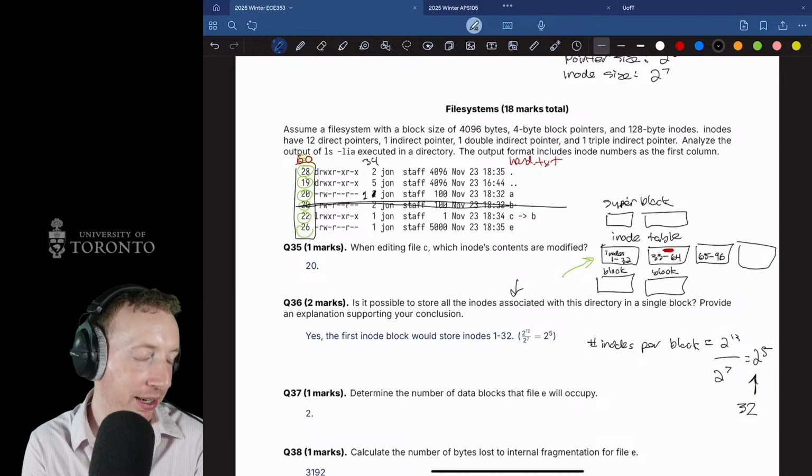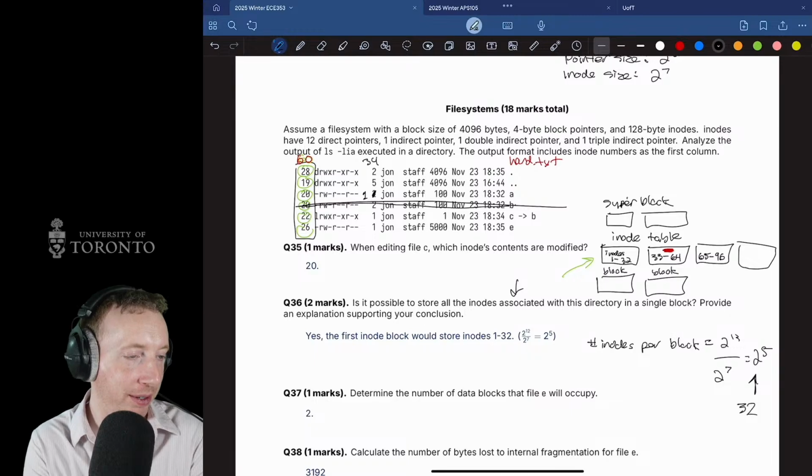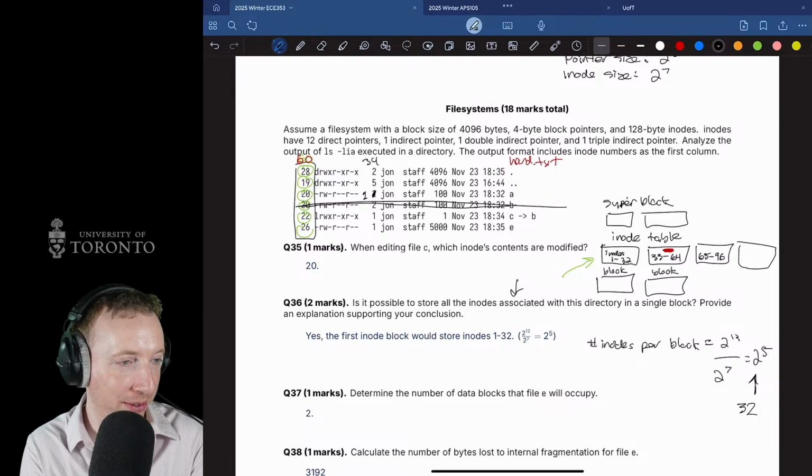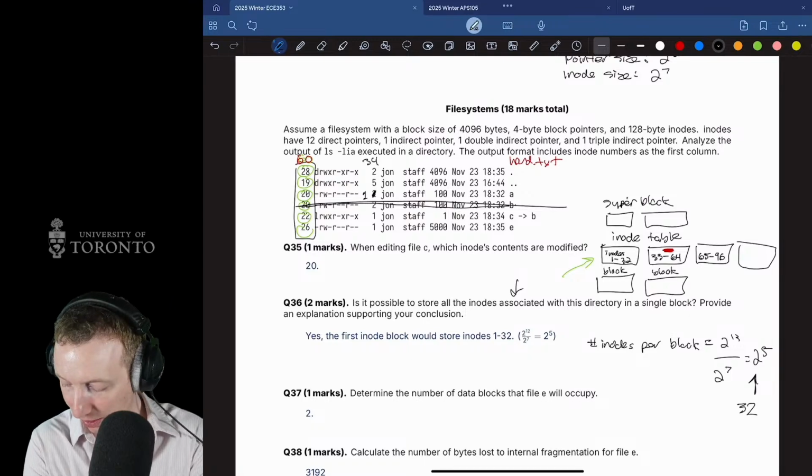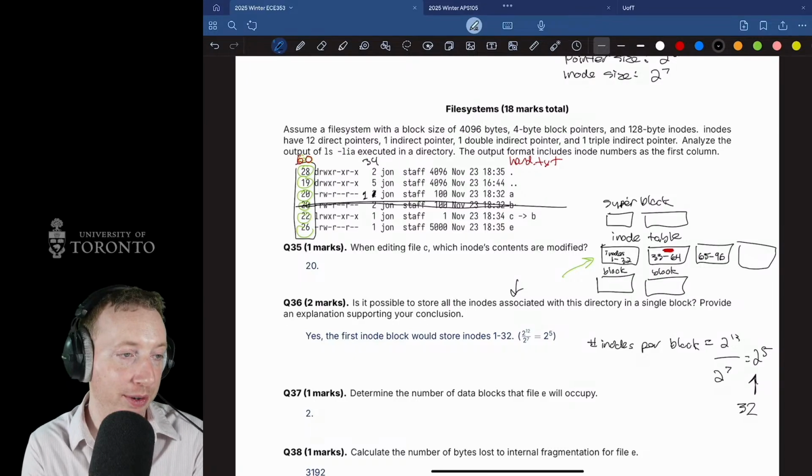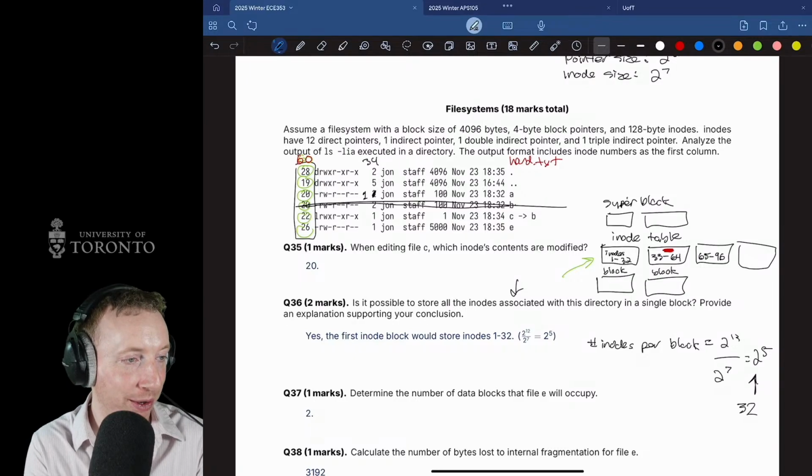If you could convince me from the question, generally we give you the benefit of the doubt. If it looks like you understand it, that's fine. If you just said yes or no with no further explanation, then you're kind of playing with fire, right?